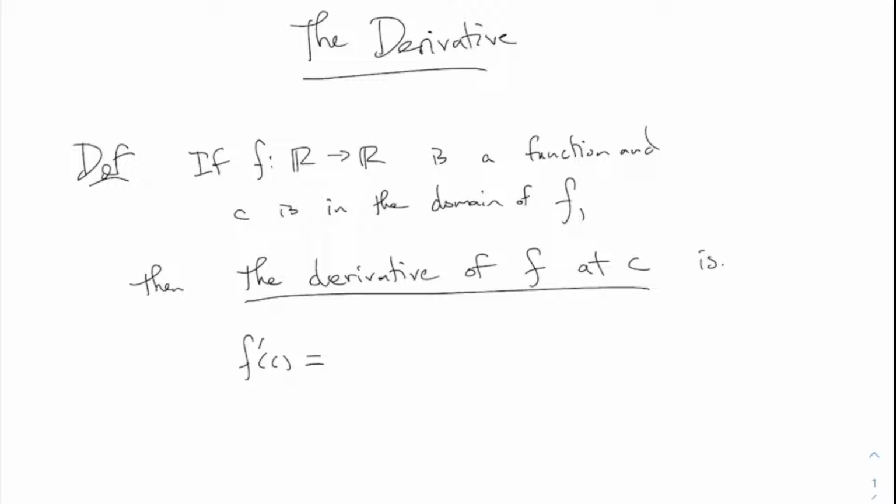We are just going to write the definition that you use in calculus with a limit. Now, there's actually two ways that this is often done in a calculus setting, and I don't know if this is the way that you like, but this is the way that it's defined in our book. The limit as x goes to c of f of x minus f of c over x minus c. I think if you take the calculus class here, we usually don't use this definition.